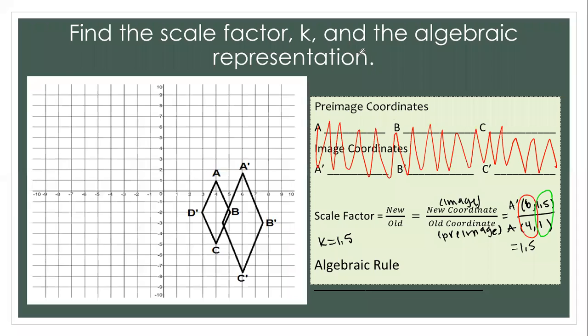There we go. Sorry, guys. My internet went out. Okay. Let's see. Is it still recording? Yay, it's still recording. Woohoo. All right. So my algebraic rule is what? 1.5x. Perfect.